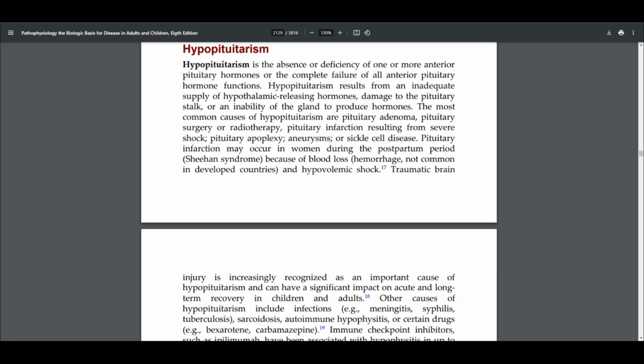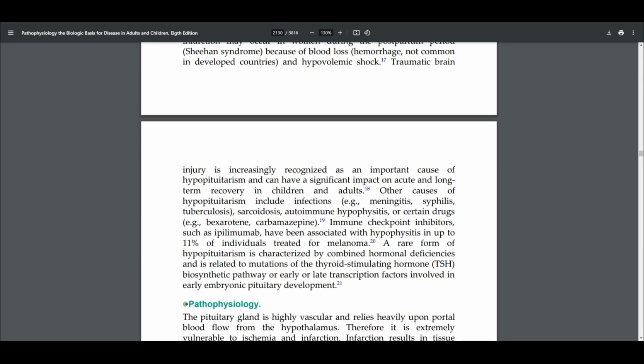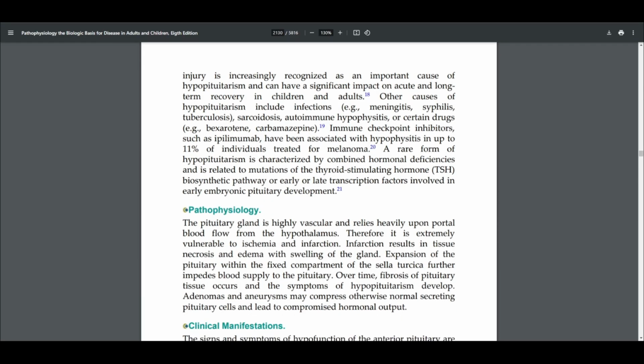Pituitary infarction may occur in women during the postpartum period because of blood loss and hypovolemic shock. Traumatic brain injury is increasingly recognized as an important cause of hypopituitarism and can have a significant impact on acute and long-term recovery in children and adults.